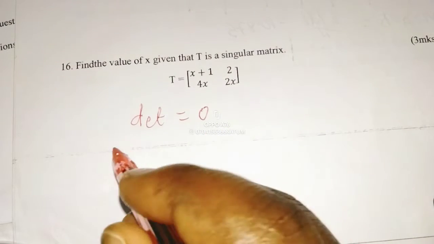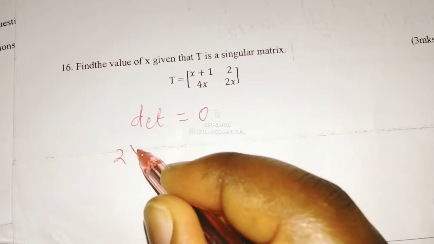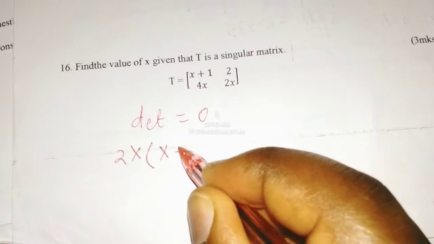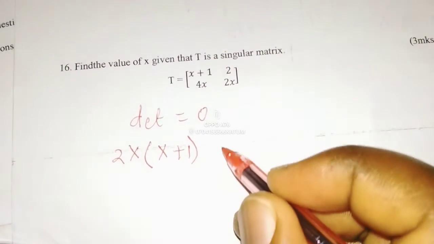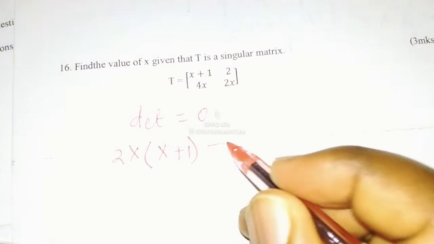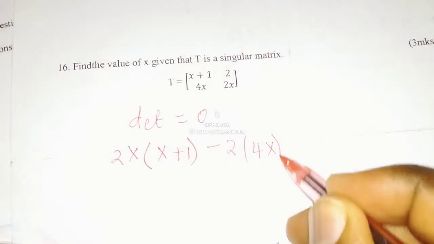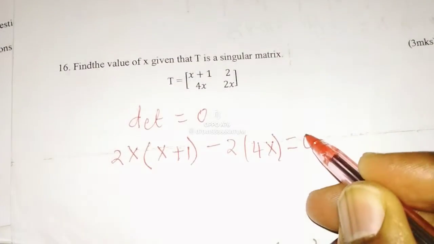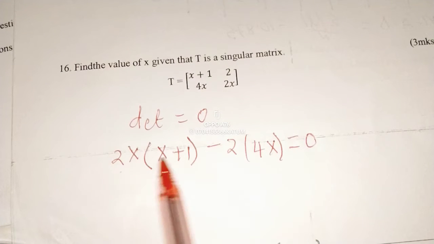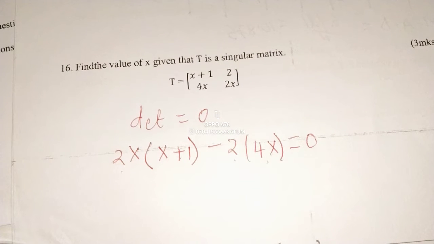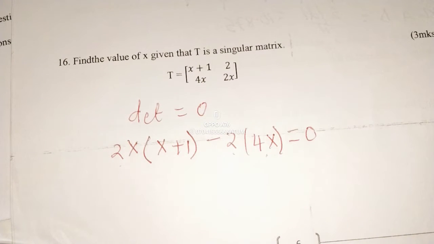So when we say 2x into x plus 1, then minus 2 into 4x, this should be equal to 0, because the product of the elements in the leading diagonal minus the product of the elements in the other diagonal should give us 0 when a matrix is singular.